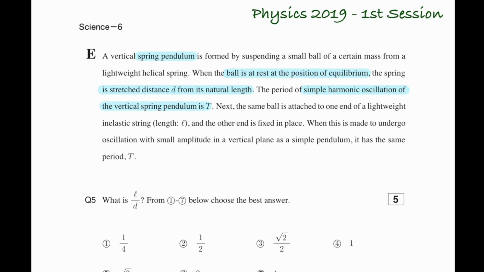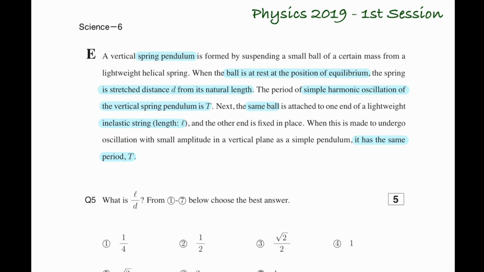Next, the same ball is attached to one end of a lightweight inelastic string of length L, and the other end is fixed in place. So we have another arrangement. When this is made to undergo oscillation with small amplitude in a vertical plane as a simple pendulum, it has the same period.